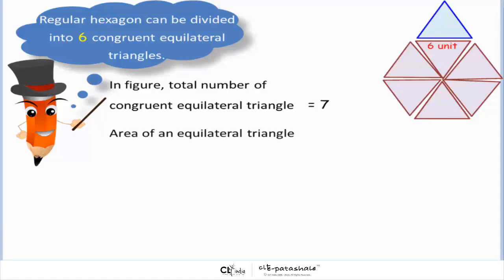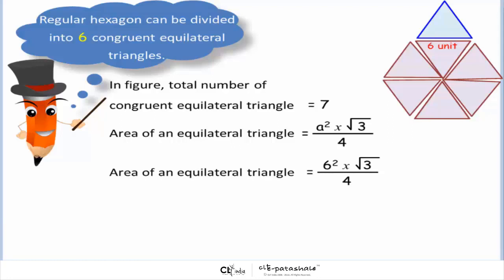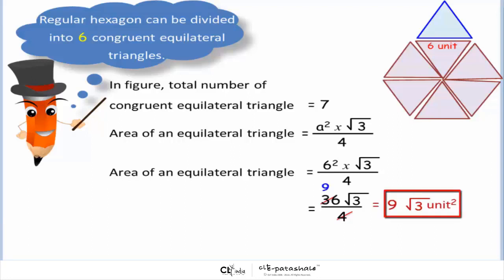So area of the equilateral triangle is equal to a square multiplied by square root of 3 divided by 4. In this case, the area of any of the equilateral triangles is equal to 6 square multiplied by square root of 3 divided by 4, which is equal to 9 multiplied by square root of 3 square units.